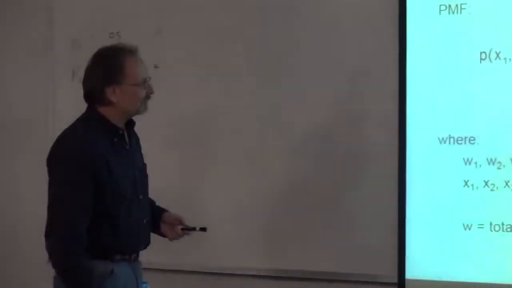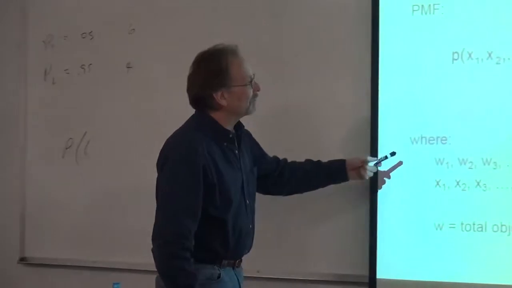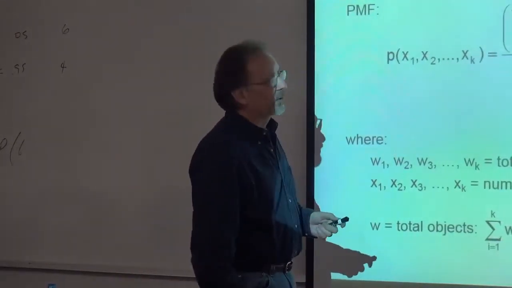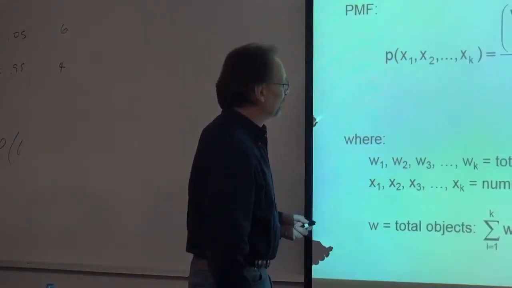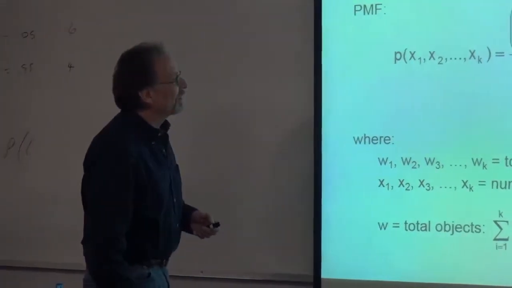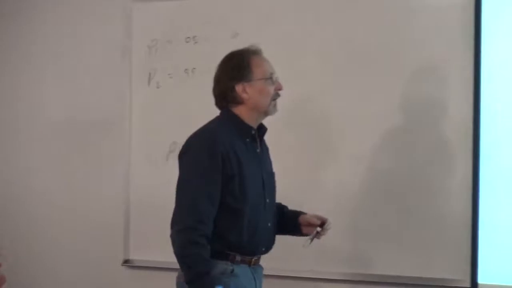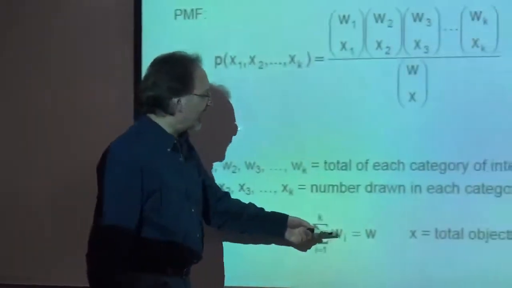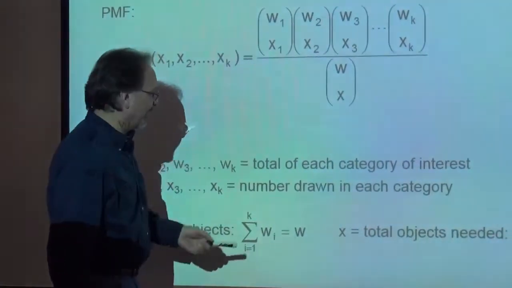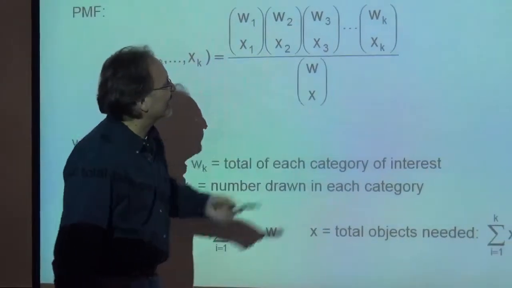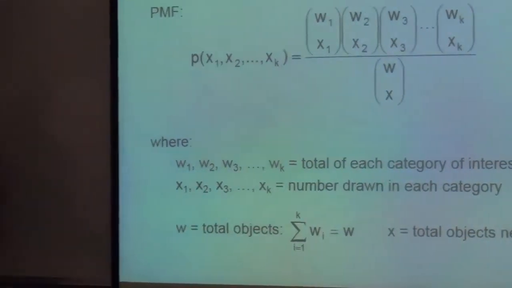We have the W's, which are the total of each category of interest. X is the number drawn in each category. Remember that all of the W sub i's have to add up to W, and all of the X sub i's have to add up to X.